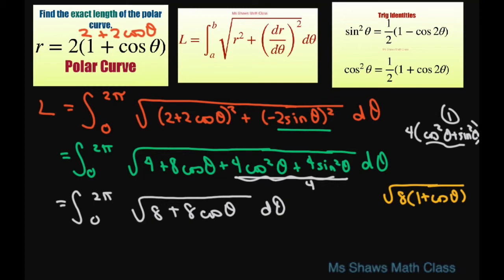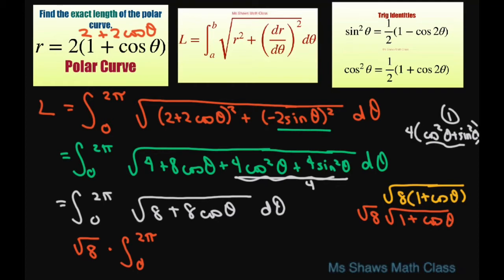All right, so what I'm going to do is pull out the square root of 8. So we're going to have square root of 8 times the integral from 0 to 2 pi. Now that we have that, I pulled out this square root of 8. Inside I have square root of 1 plus cosine of theta.